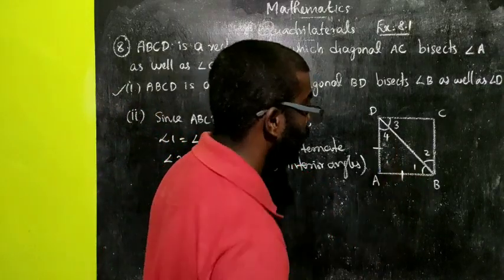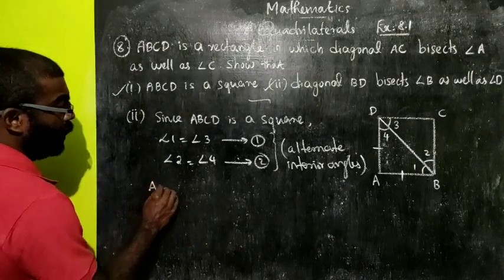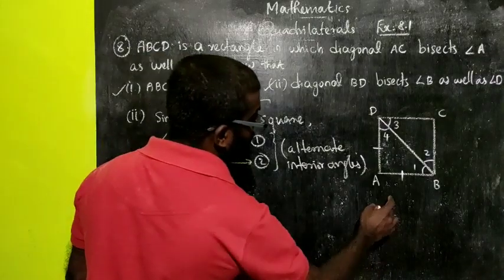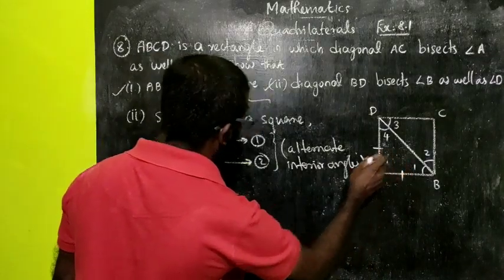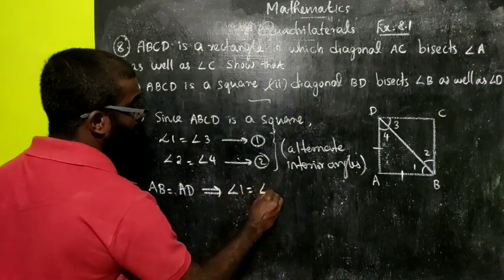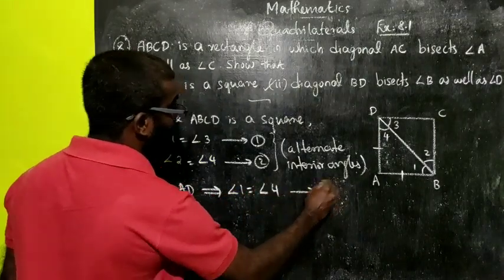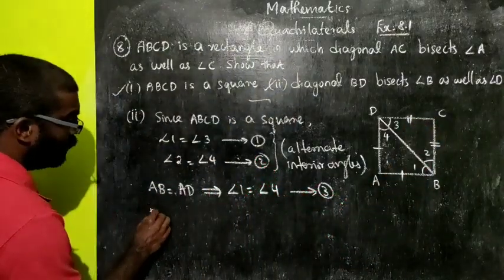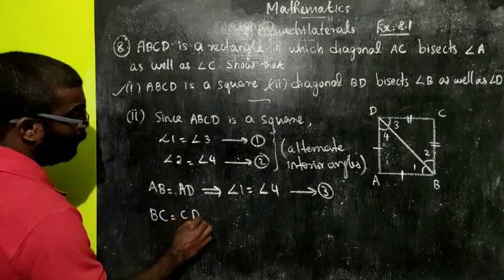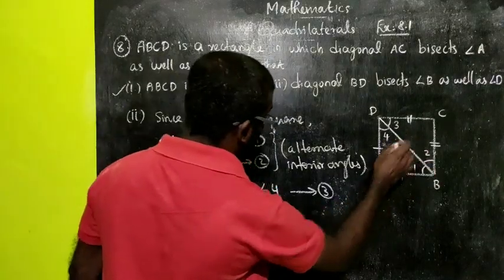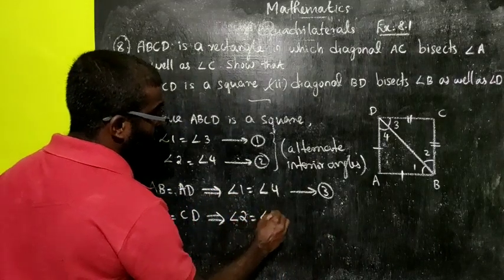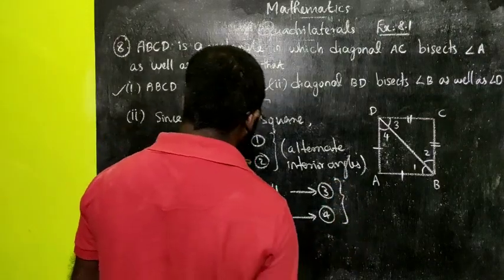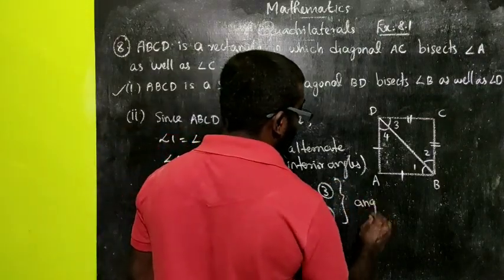Being a square, all sides are equal. Here we can write AB equal to AD implies angles opposite to equal sides are equal. So angle 1 equal to angle 4. We can take it as equation 3. Similarly, BC equal to CD implies angle 2 equal to angle 3. We can take it as equation number 4.